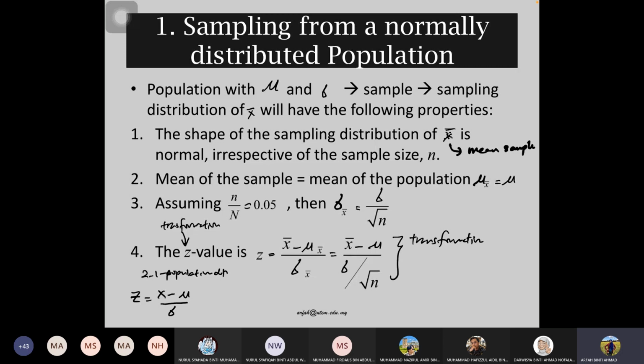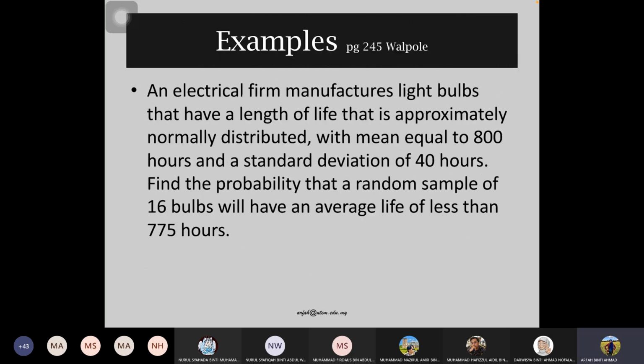So let's look at one example. An electrical firm manufactures light bulbs that have a length of life that is approximately normally distributed, with mean equal to 800 and standard deviation of 40 hours.